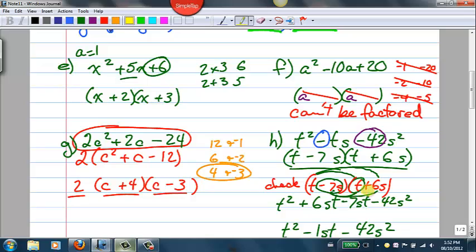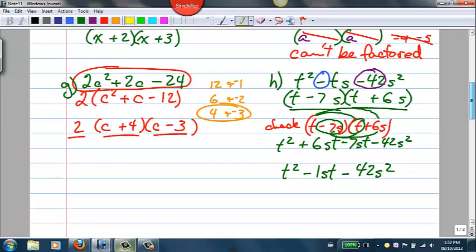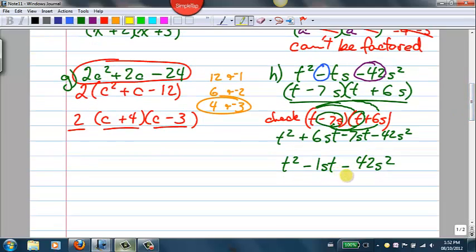And negative 7s times positive 6s, I get negative 42s squared. If I combine my like terms, positive 6st and negative 7st, that adds up to negative 1st. So t squared minus 1st, t squared minus ts, same thing. Doesn't matter that I write it in alphabetical order or not. And then minus 42s squared.